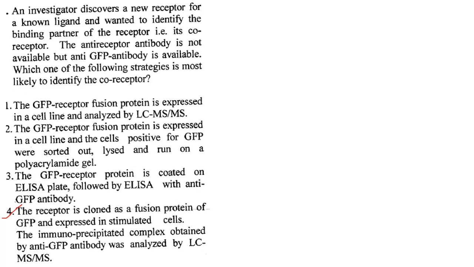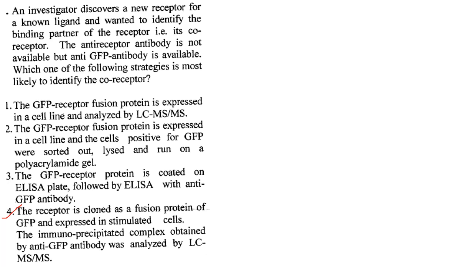Then next one. An investigator discovers a new receptor for a ligand and wanted to identify the binding partner of the receptor, that is its co-receptor. The anti-receptor antibody is not available, but anti-GFP antibody is available. Which of the following strategies is most likely to identify the co-receptor?